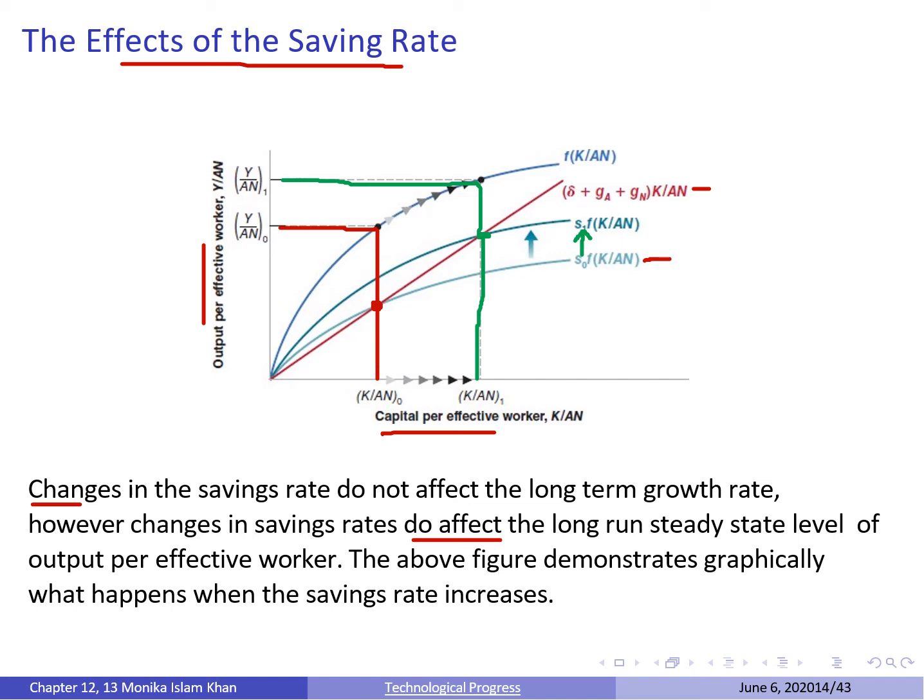Therefore, when you are at the steady state, an increase in the savings rate is going to increase the steady state level of capital per effective worker, and it is also going to increase the steady state level of output per effective worker, but not the growth rate.